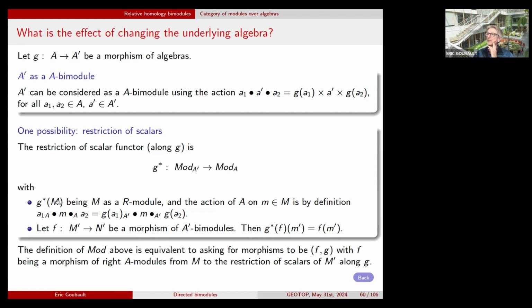So G star of M is going to be, as our module, just M, but the action of A on the given element M of capital M. So this A action on the left, A action on the right, A2, is just going to be G of A1, an element of A prime, left action on M, and then right action of G of A2, which is an element of A prime, onto this, okay?